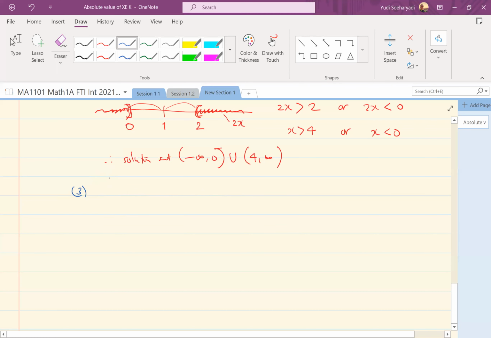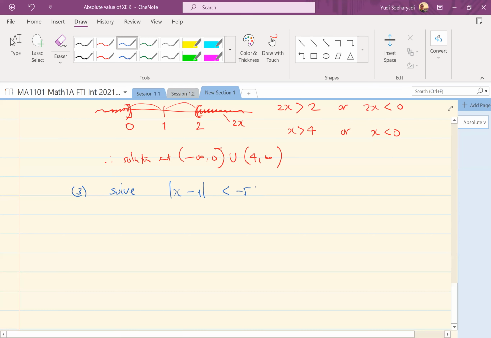This one is something easy. Solve this, for example. How do you solve this one? 5 is less than x minus 1 is less than minus 5.